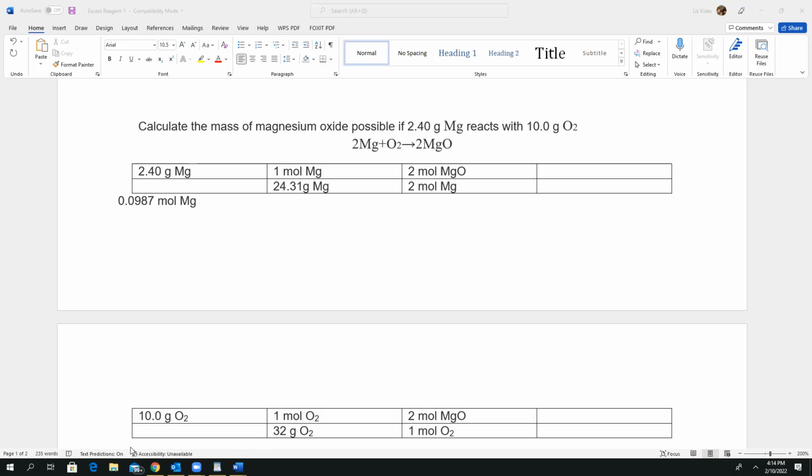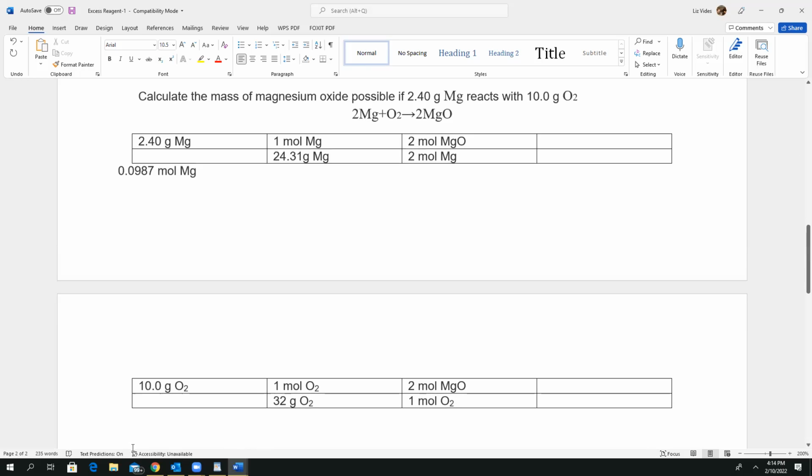And then for this one, we're going to get 10 times 2, so that's 20, divided by 32. And that's going to give 0.625, right? Obviously, our limiting reagent is this one, right? We're going to highlight it.